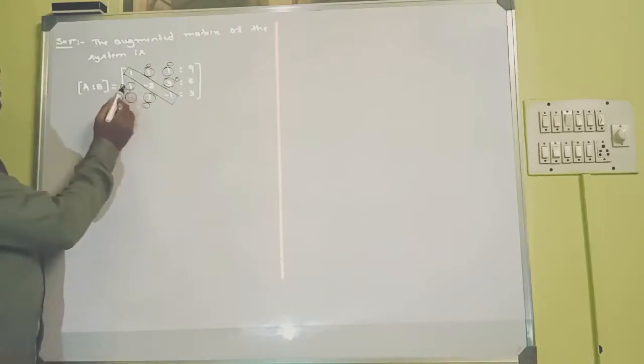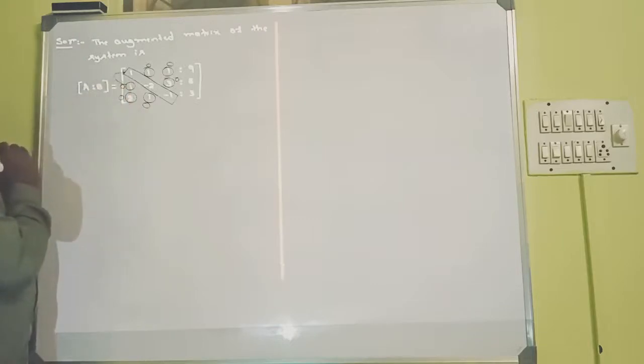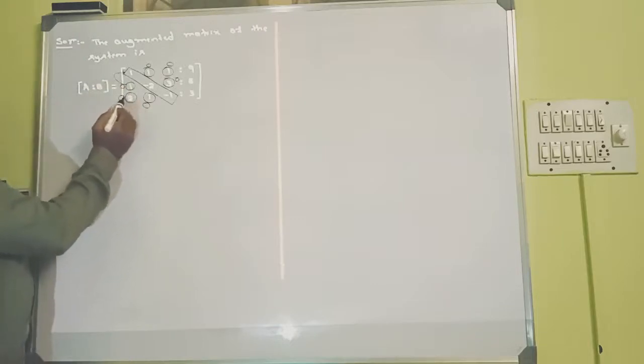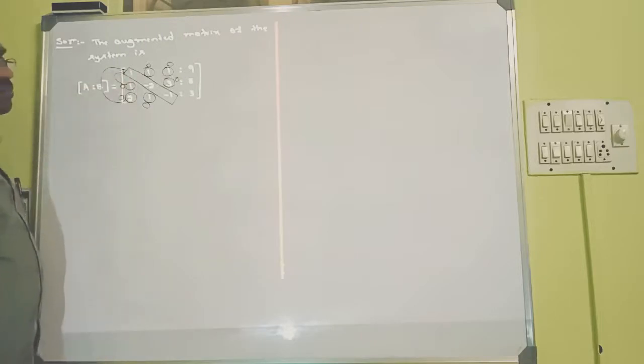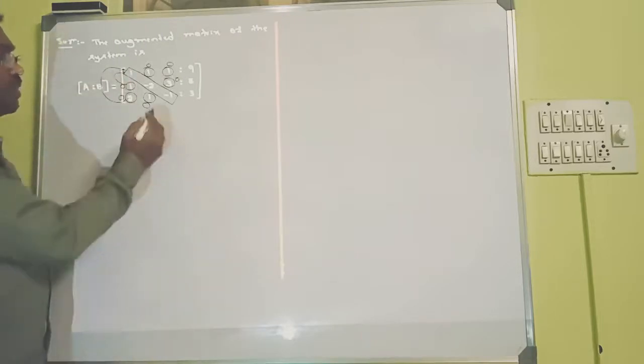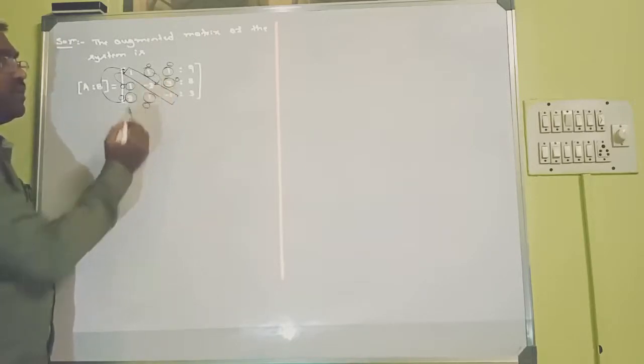To make this element 0, we make use of this one. To make this element 0, we make use of this one. Now, to make this element 0, we make use of this middle element here.